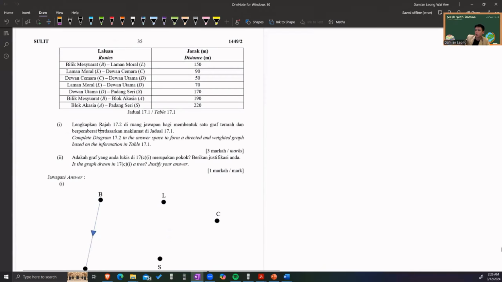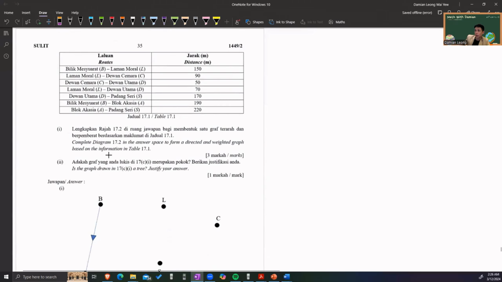So B to A is given here, and B to L, 150. I go through one by one. L to C. Make sure you state the direction as well. And label the weightage, 90.